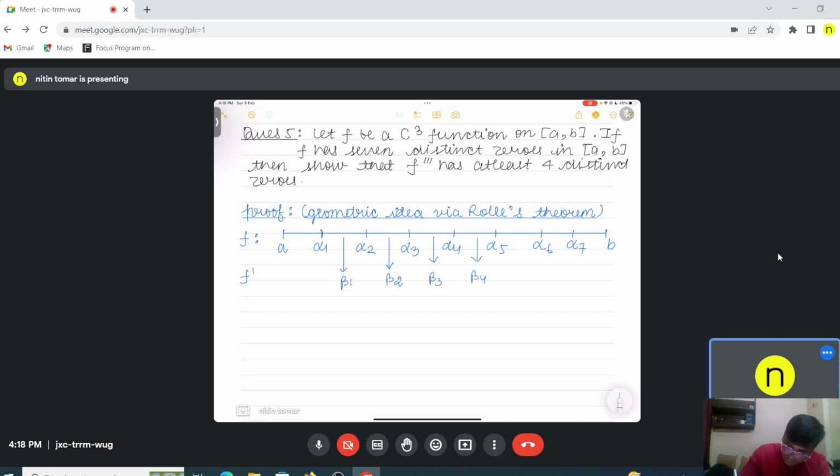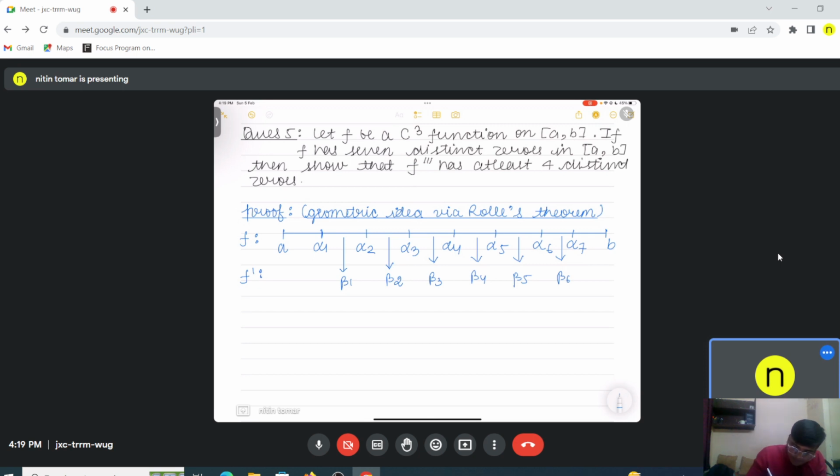Beta 4, beta 5 and beta 6. There can be more than 1 zero in the interval alpha 1 comma alpha 2. Instead of beta 1, there can be many other zeros of f prime, but at least there will be one. That is for sure.